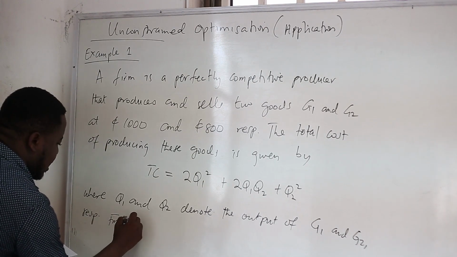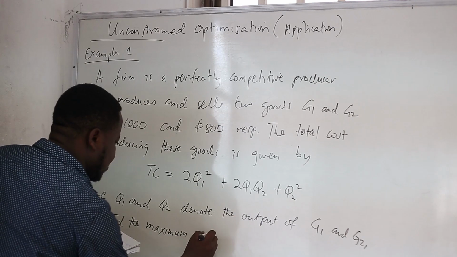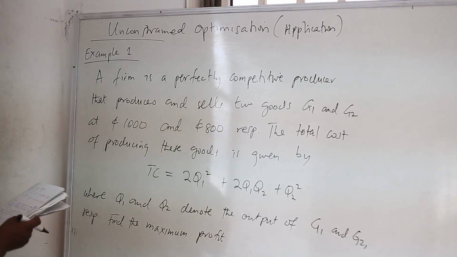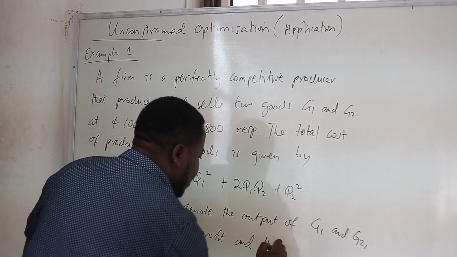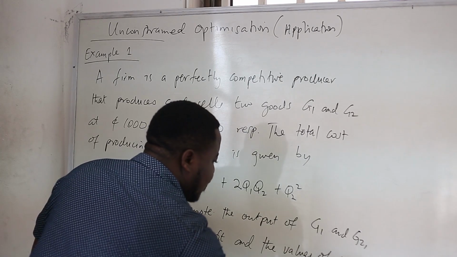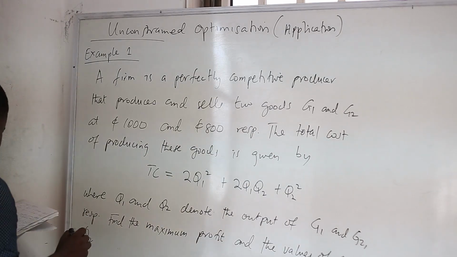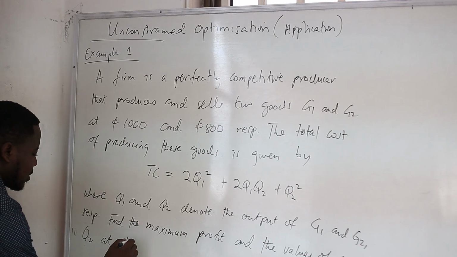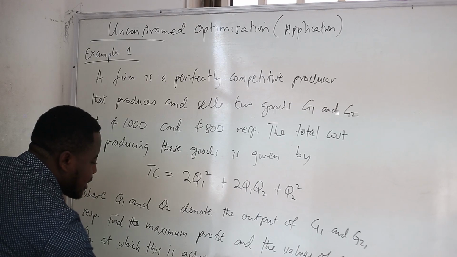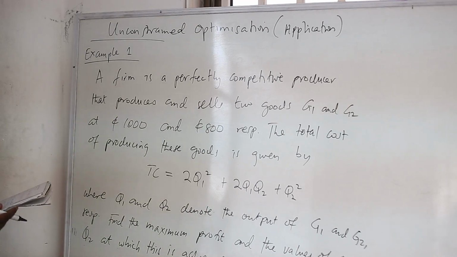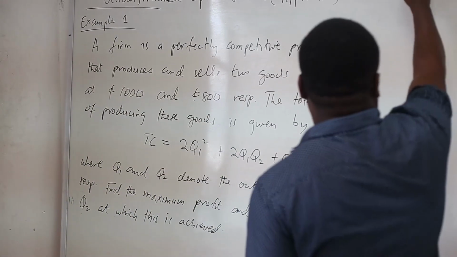Find the maximum profits and the values of Q1 and Q2 at which this is achieved. Okay, so that's the question.